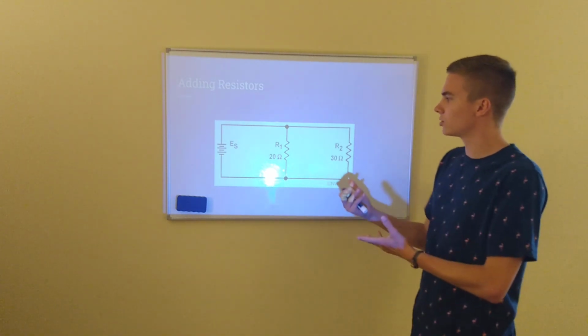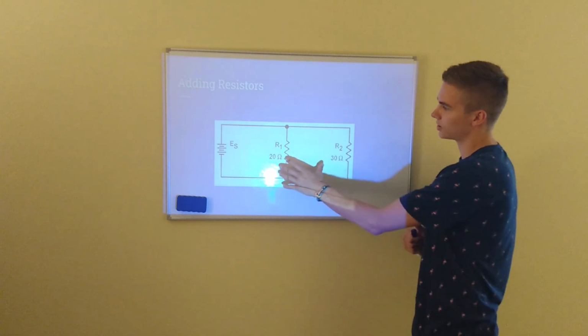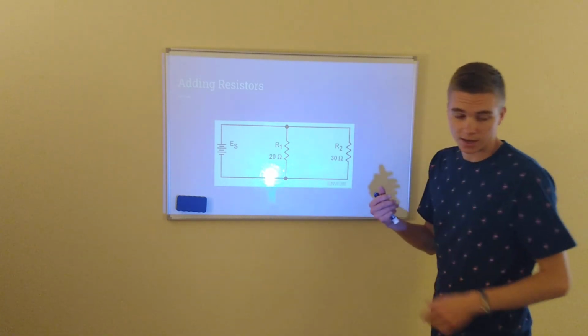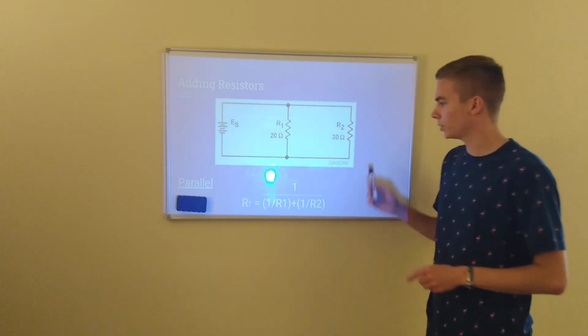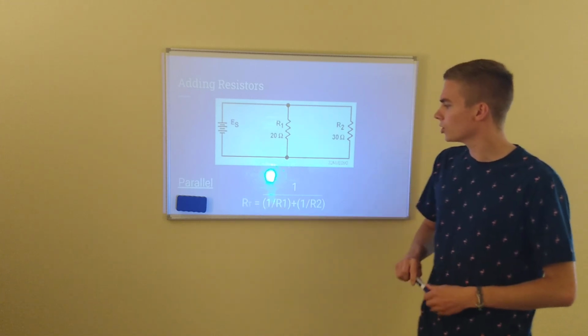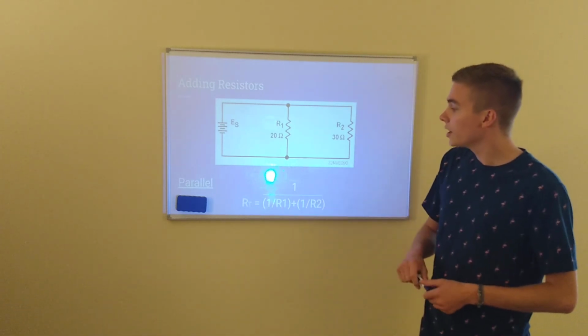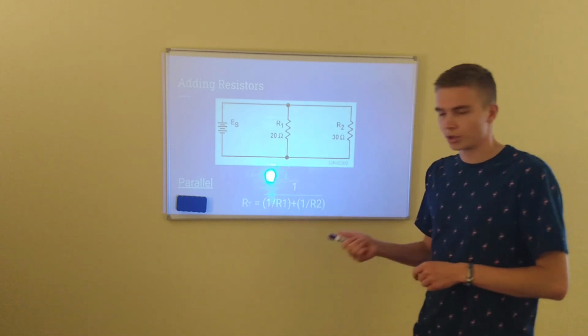But let's actually dig into how we really are going to add these resistances in a parallel circuit. And the equation is a little bit more complex. We can see this is a parallel circuit. Our R total is equal to 1 over R1 plus 1 over R2.